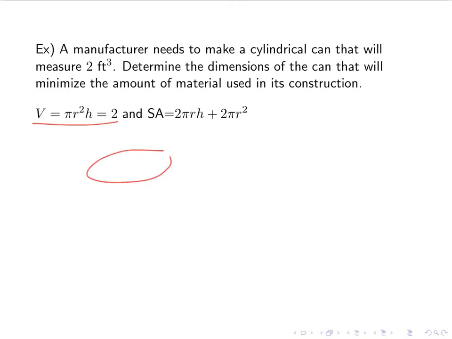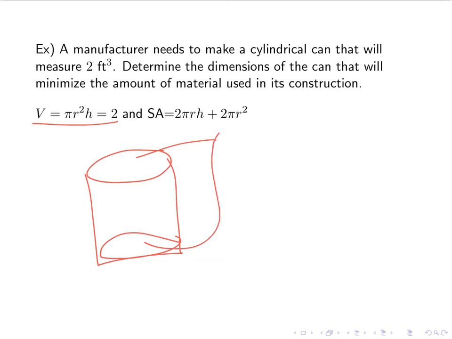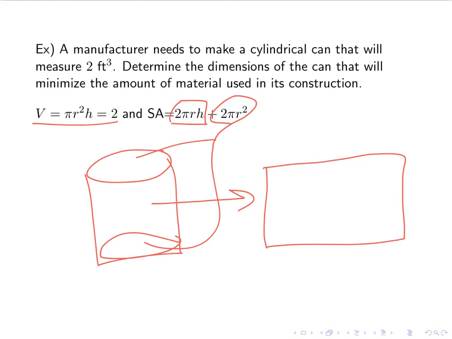If I think of a cylindrical can, we have the top and the bottom, and those are my 2 pi r squared. Remember, the area of a circle is pi r squared, and we have 2 of them, the top and the bottom. And then this 2 pi rh is the side of our can. I'm going to unroll the side, and I get a rectangle.